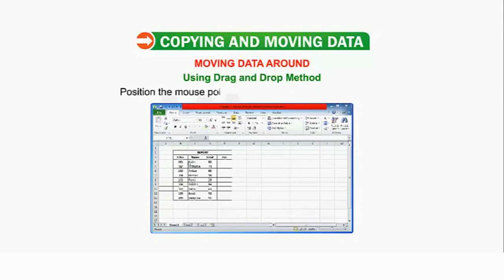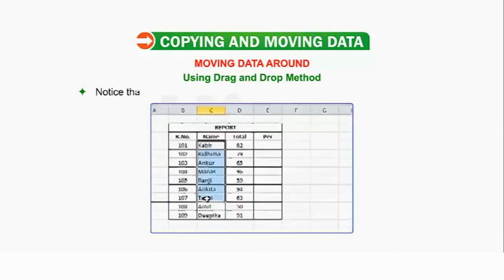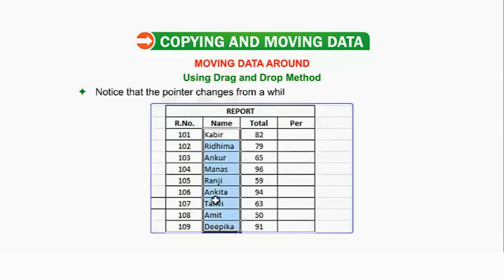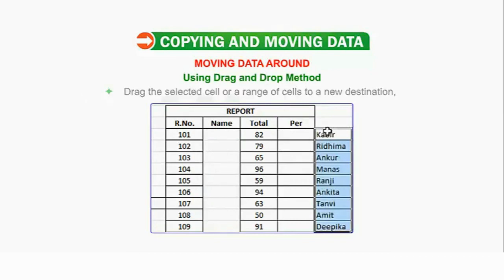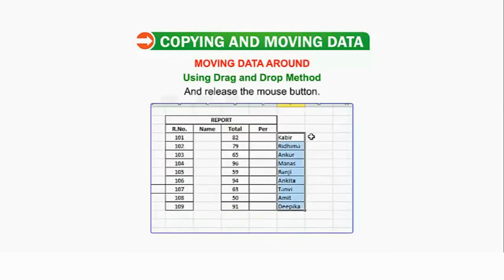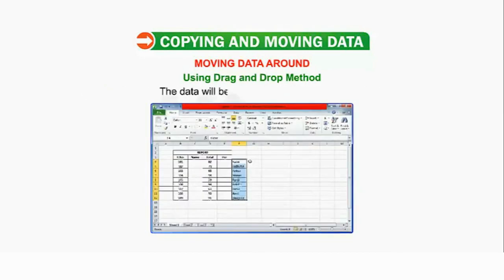Position the mouse pointer at the edge of the selected cell. Notice that the pointer changes from a black cross symbol to move pointer symbol. Drag the selected cell or a range of cells to a new destination and release the mouse button. The data will be moved to a new location.